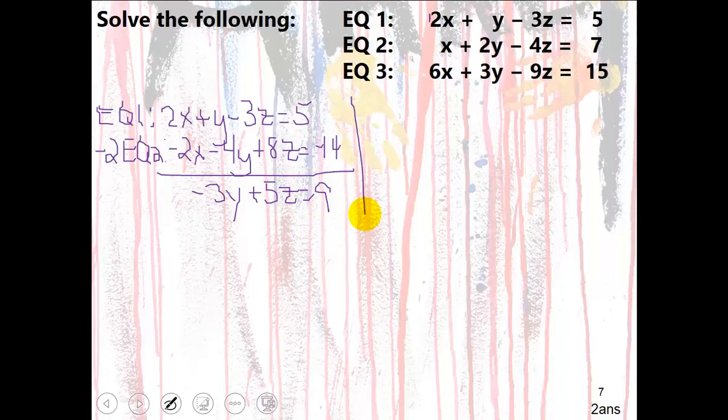Now I'm going to eliminate x using equation 2 and equation 3.